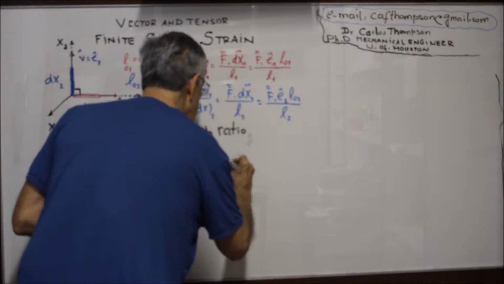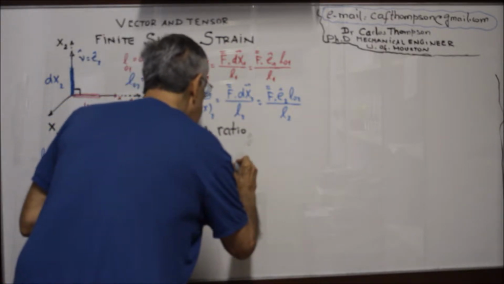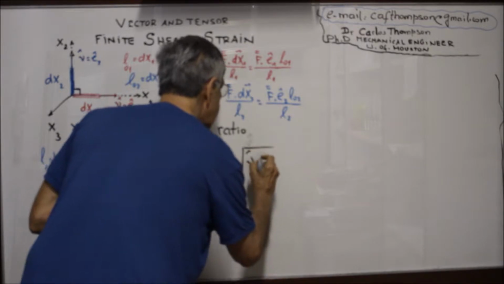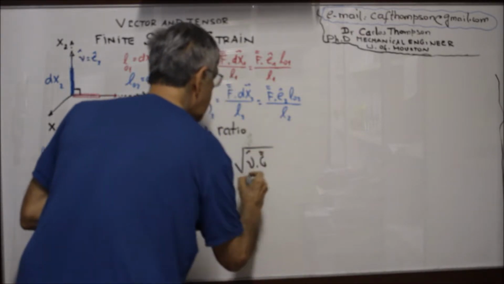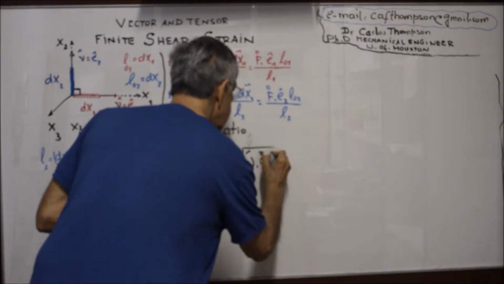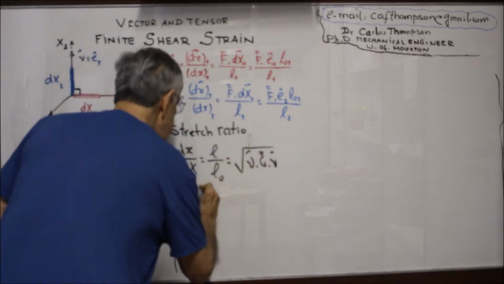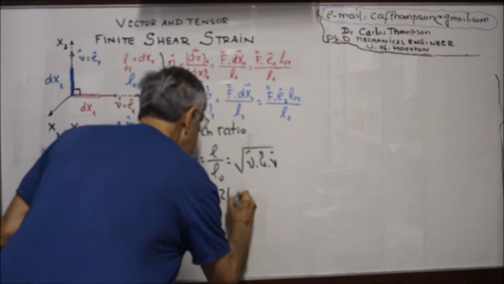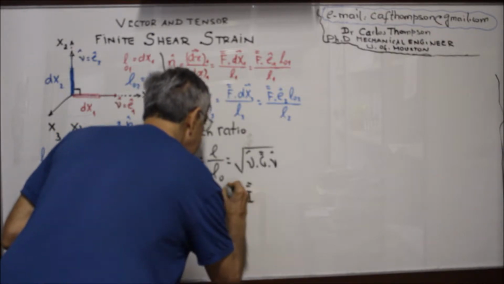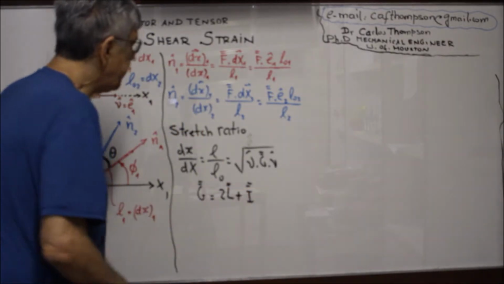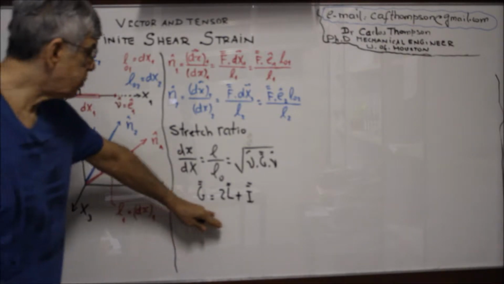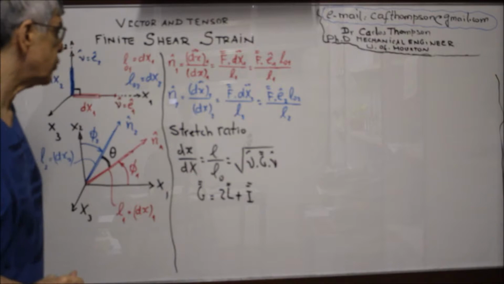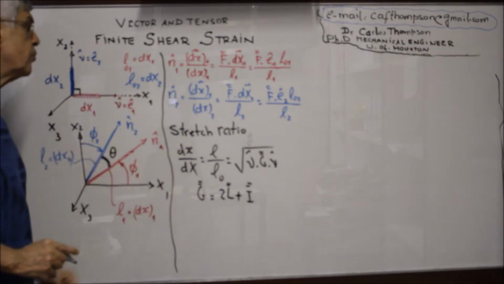This is equal to the square root of ni dot the second order tensor G dot ni, where G is equal to L plus I. This was shown in the last lecture. Now this is the stretch ratio.